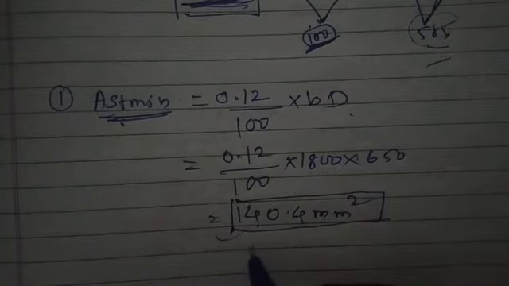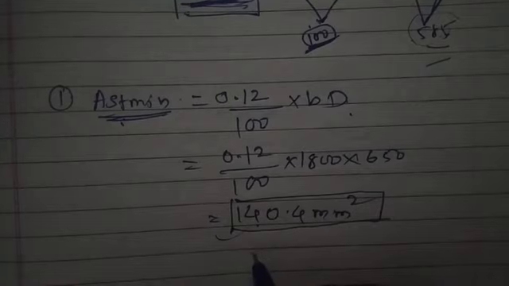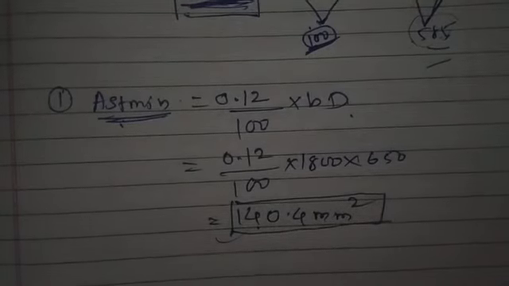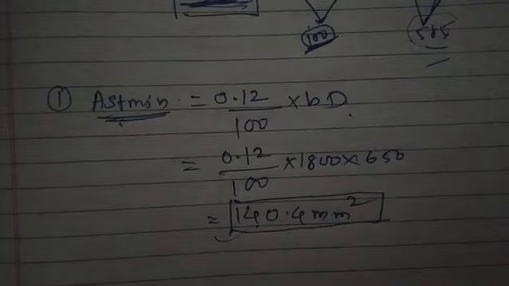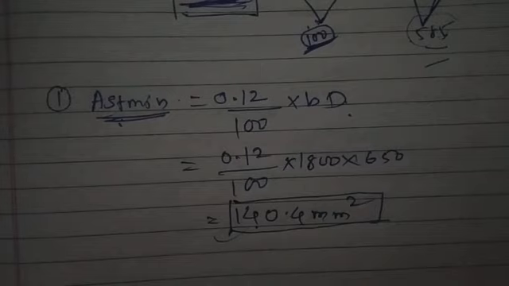So for that I have calculated it before calculating all the area of steels. Okay, so we'll calculate the next, that is area of steel under column A, in next video.